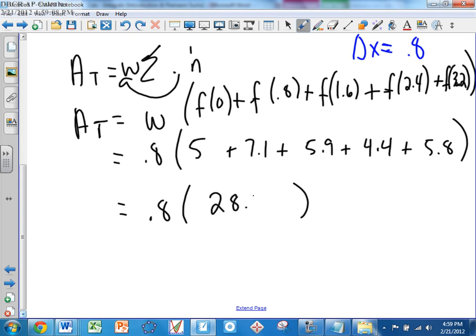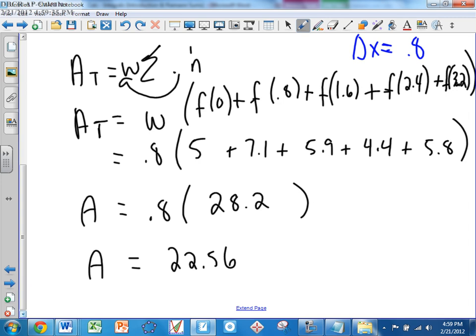So the actual area we get from this approximation turns out to be what? Let me do it. 12.1, 17.1, 18, 22.4, 27.4, 28.2. Okay, now, before you leave, sit down, because we're not done.